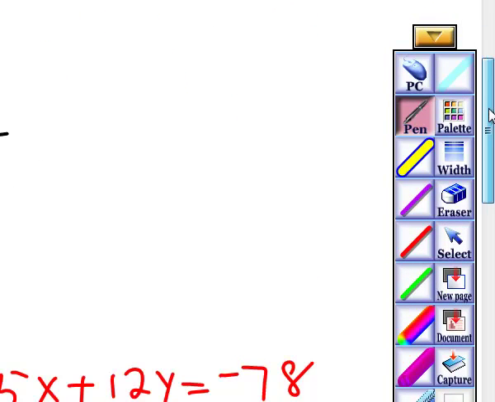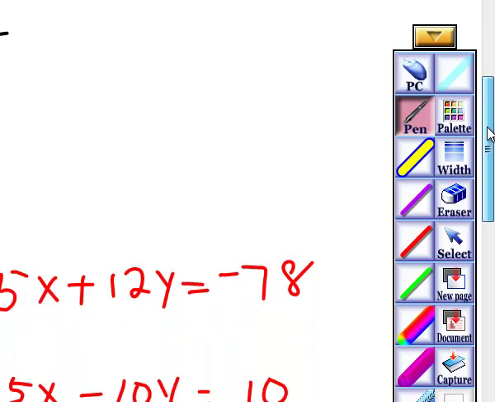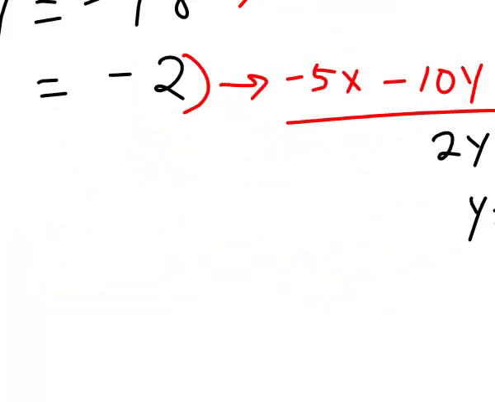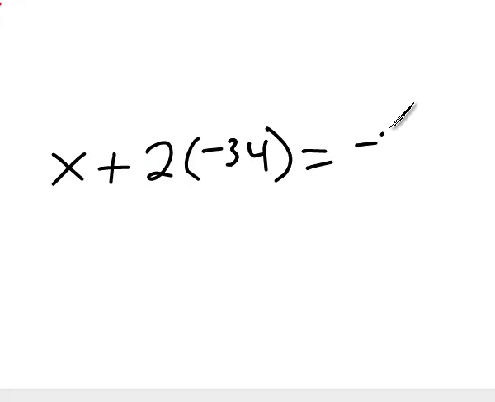All right, now what? We got y. How do we find x? Plug it in, right. It's easiest to plug it into the second equation, right? x plus 2 times negative 34, so that would be x minus 68 equals negative 2.